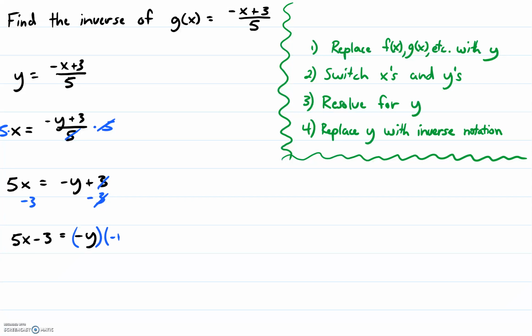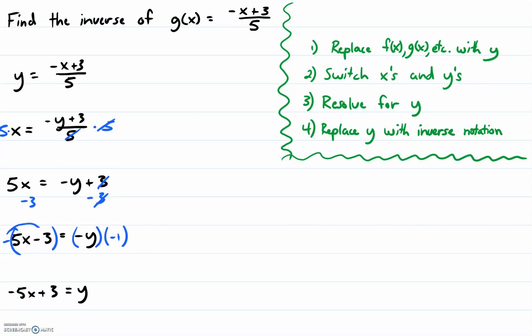Multiplying negative y by negative 1 is going to result in positive y, which is what we're looking for. And multiplying the left-hand side by negative 1, I'm going to go ahead and distribute this negative to both of those terms. So that's going to give us negative 5x plus 3, because the two negatives are going to cancel, is equal to y.